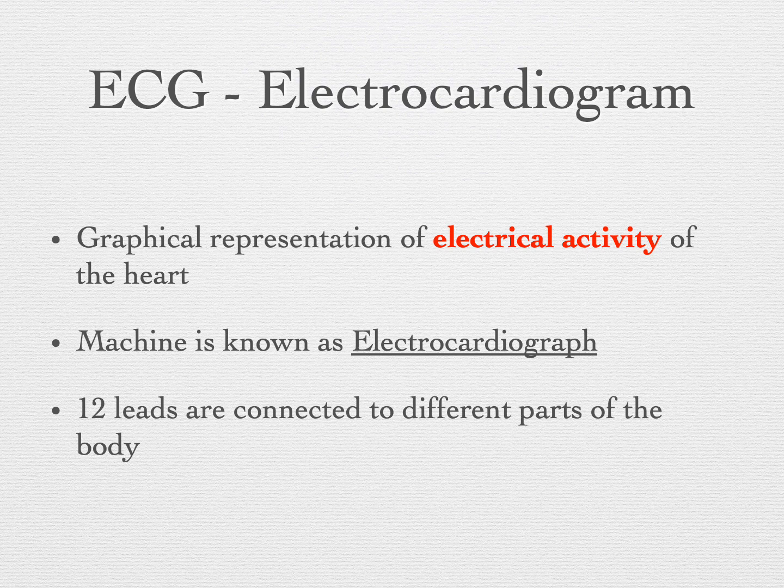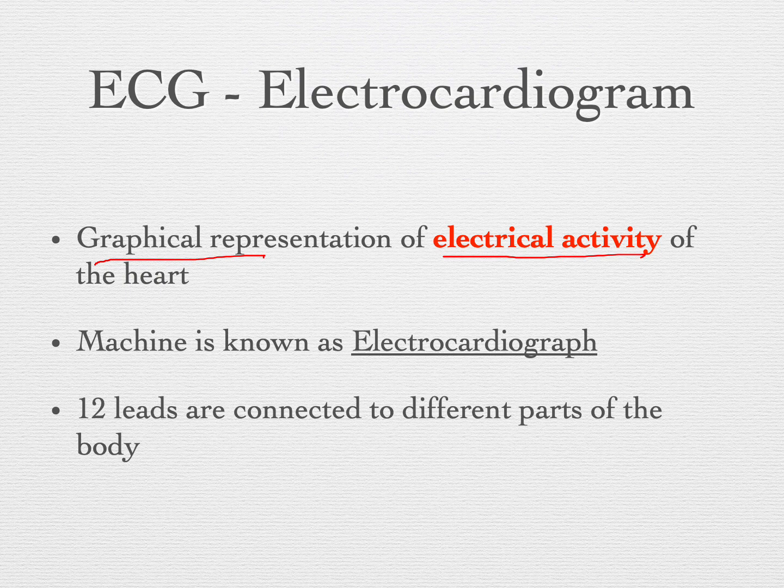So as mentioned before, the signals generated inside the heart are electrical signals in nature, and these signals can be represented on a graph sheet. So an ECG is basically a graphical representation of the electrical activity of the heart.